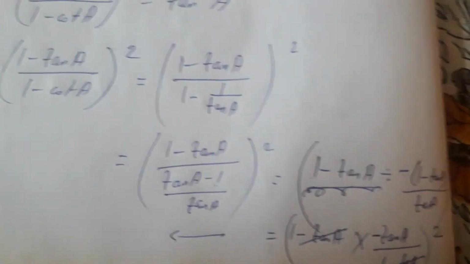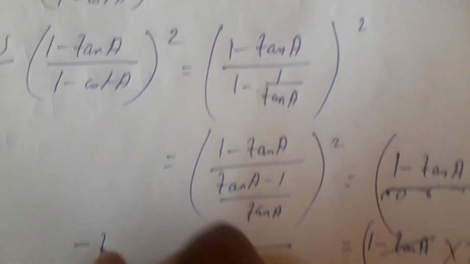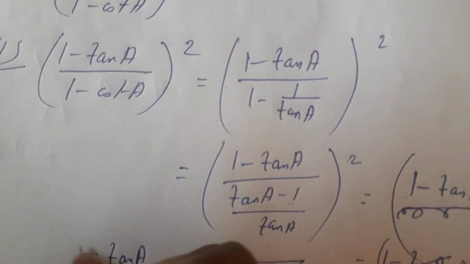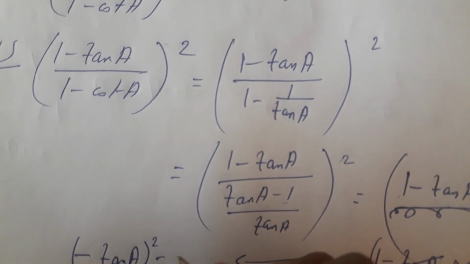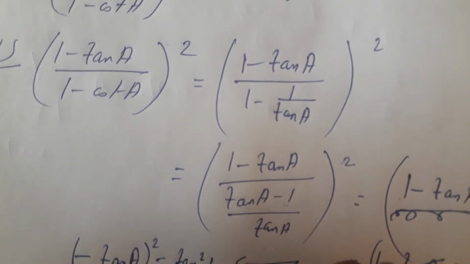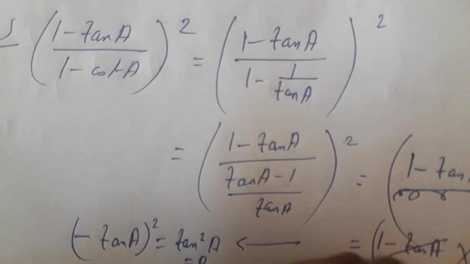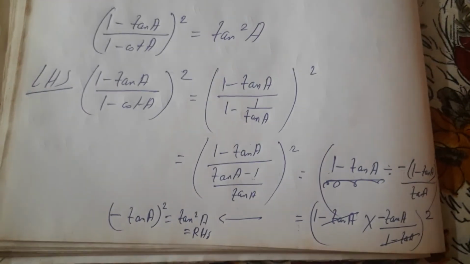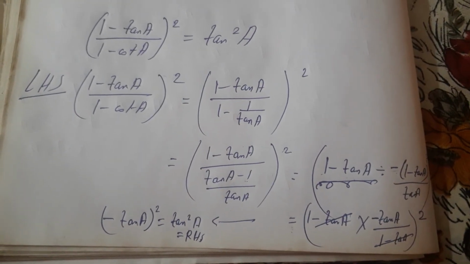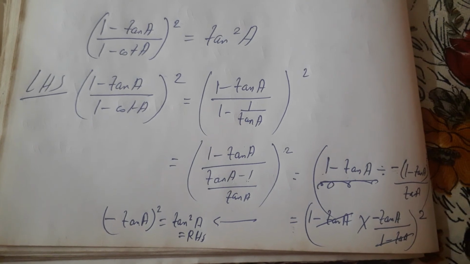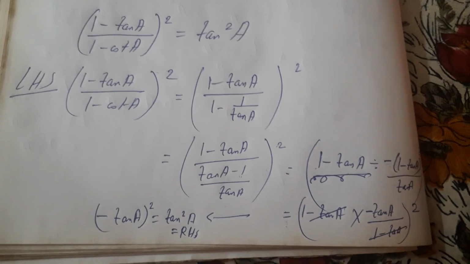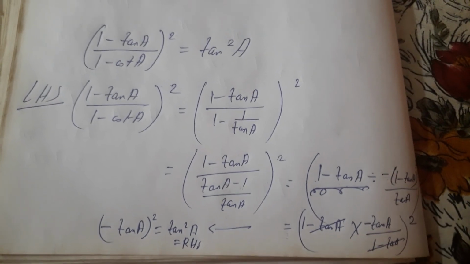So you see here, this will be (minus tan A) whole square, which is equal to tan square A, and here is your RHS. Okay, in this way you have to solve.